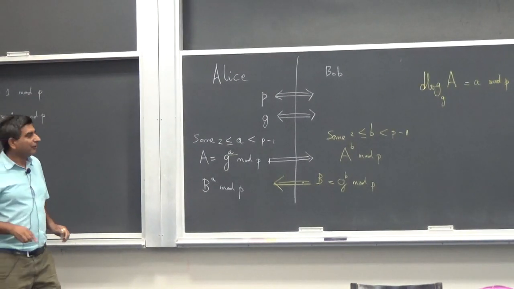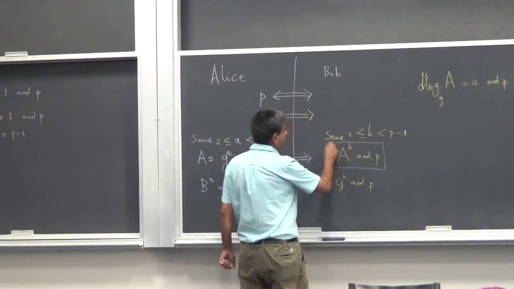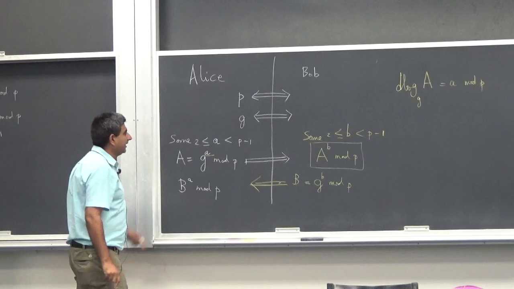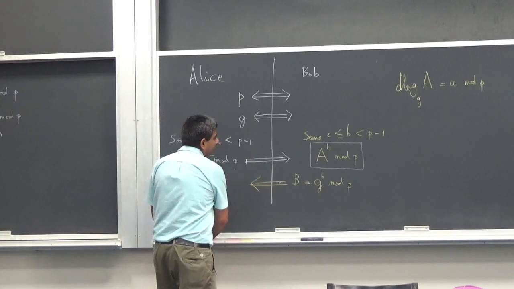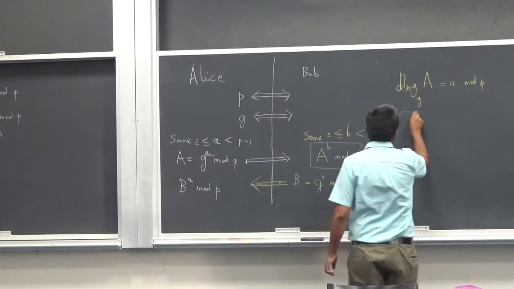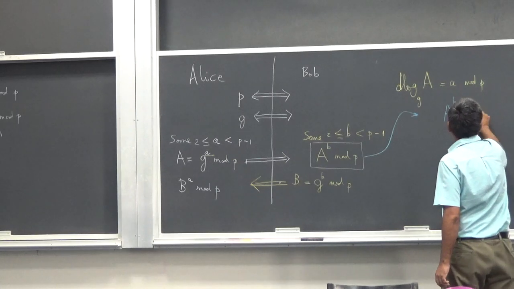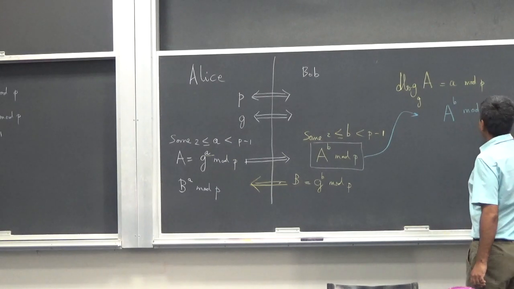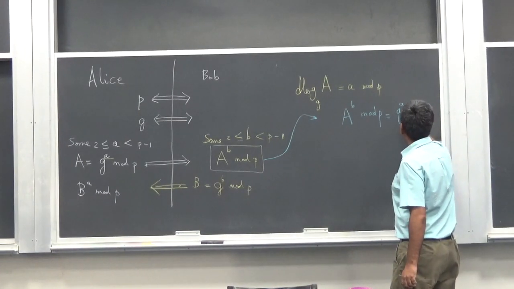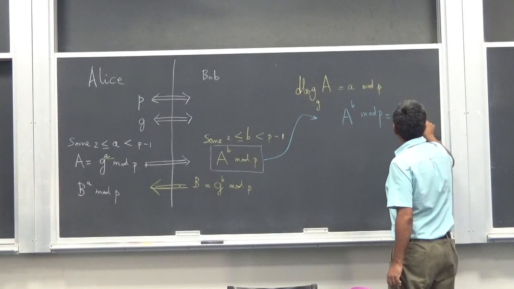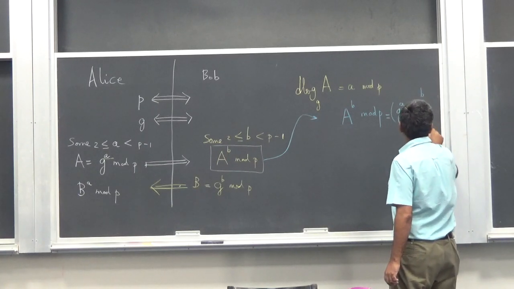Okay. Now let's see what is the structure of this thing. So let's focus our attention on this thing. A^b mod p. What is A? A is G^a mod p.